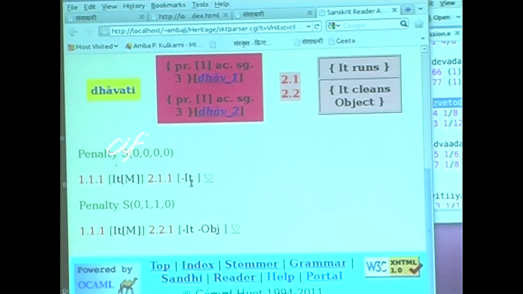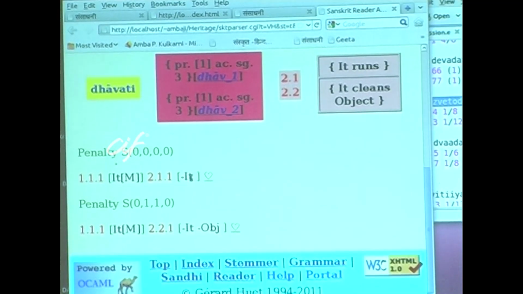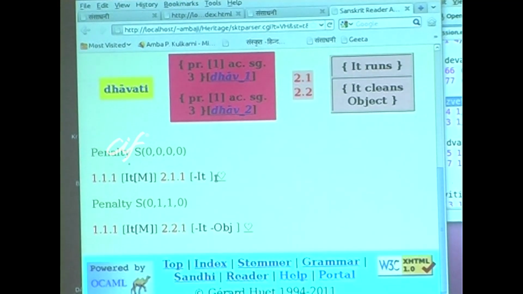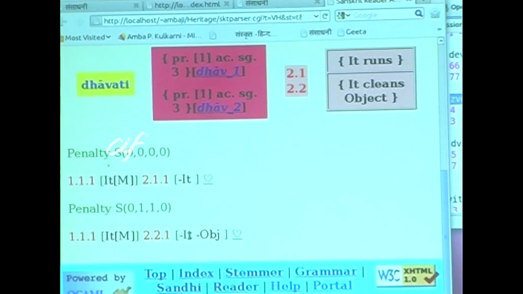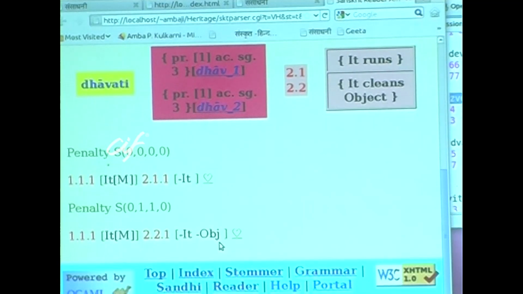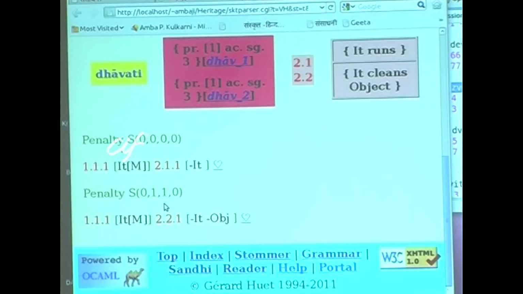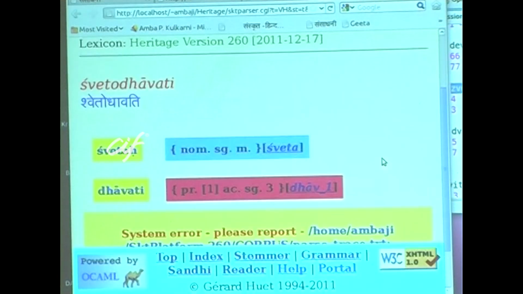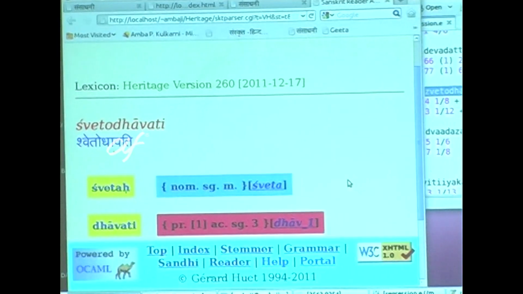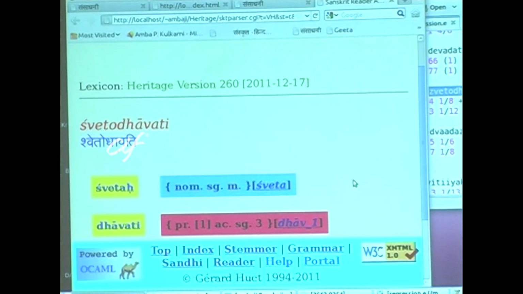Here, to run is intransitive, so you need only a karta and that's okay. But if it would be cleaning, then the object is missing. You have this ākāṅkṣā. Where is the object? It's not there, so you get some penalty. So the only one of penalty 0 is this one. So the white horse is running.